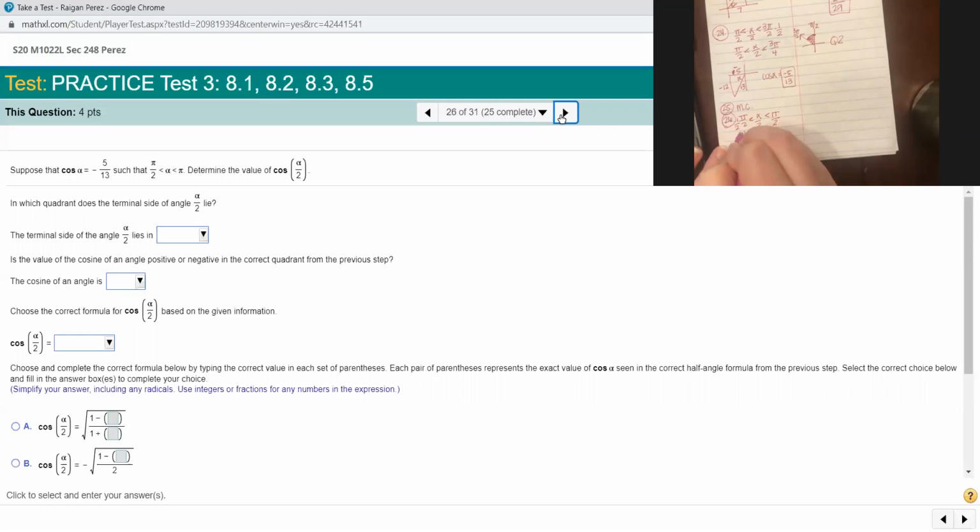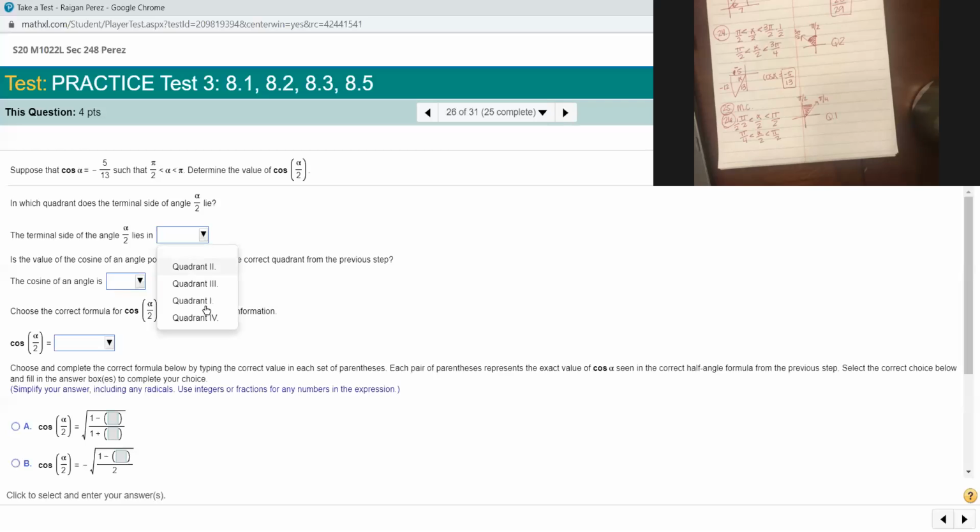So I got pi over 4 and pi halves. Pi halves is right here, pi over 4 is right here. So the half angle is somewhere in there. That's quadrant 1, so the terminal side of the half angle lies in quadrant 1. Everything is positive in quadrant 1.